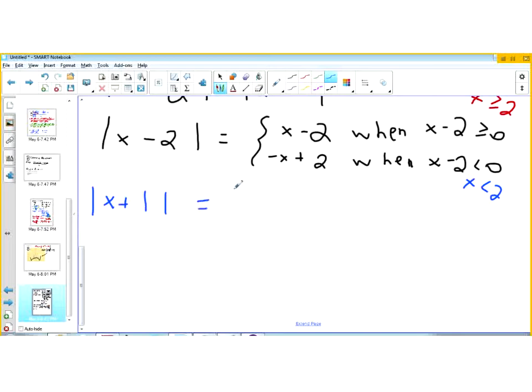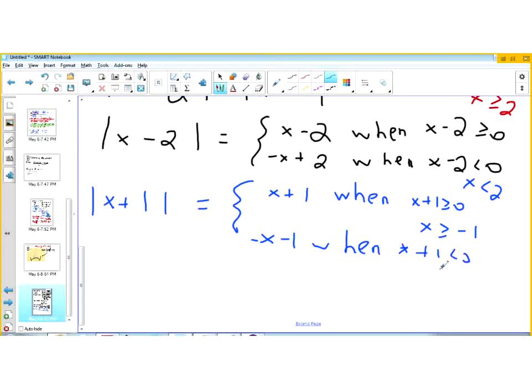So the absolute value of x plus 1 is equal to x plus 1 when x plus 1 is greater than or equal to 0, or x is greater than or equal to negative 1, and it's equal to negative x minus 1 when x plus 1 is less than 0, or x is less than negative 1. All right, so now we have corner points at x equals 2 and x equals -1.